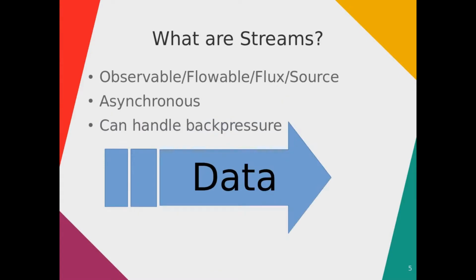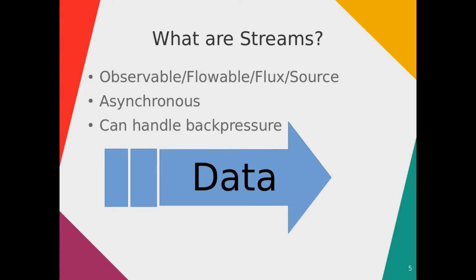So that's important. So what are streams? They take on many different names depending on which library you're using that implements the API. They might be called an observable, flowable, a flux, or a source. These are all similar concepts, though there may be some differences.